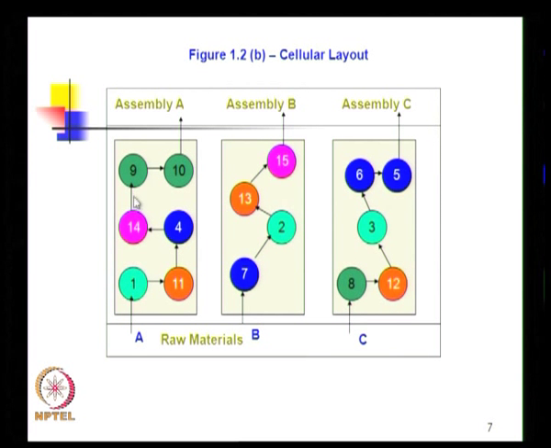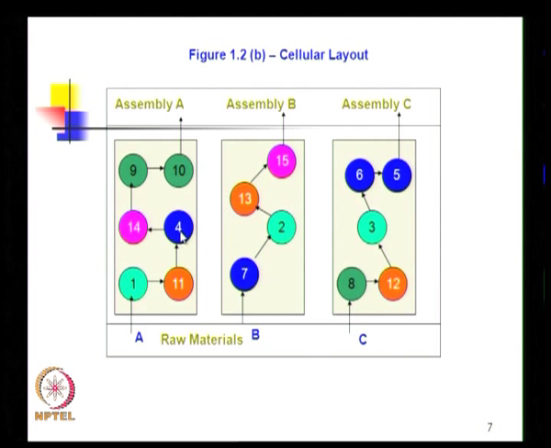So this operator would move, load this piece into 14 and then go to 9, by which time this person would have unloaded something from 10 and kept it here. So this person will go to 14, then he will unload something from 14 and put it on to 9, and after that from 9 he will unload it and keep it here.